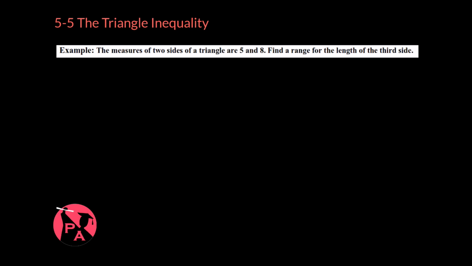And here is a shortcut for the same example. Instead of making a list of all the sides, let's say this is the triangle that we have, 5, 8 and the last side is x. All we need to know is the interval of that side. So write it in the middle. It's going to be smaller than a number and greater than another number. Those numbers come from these two.